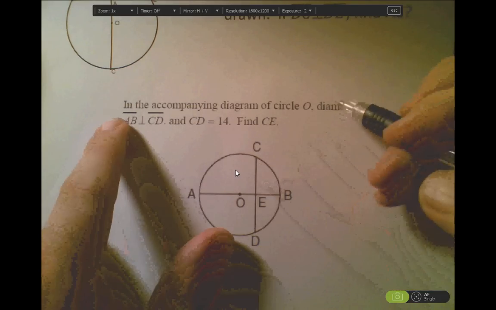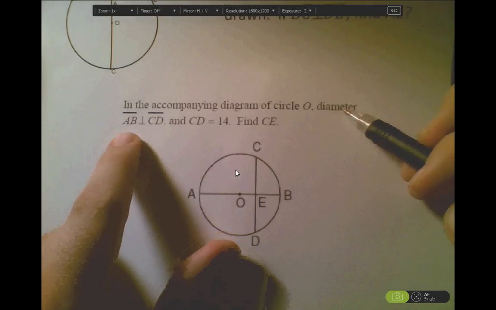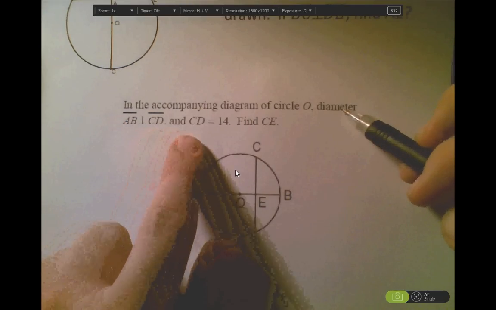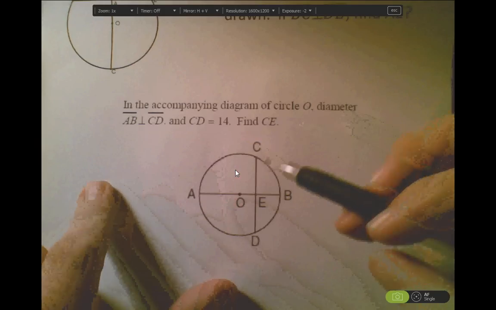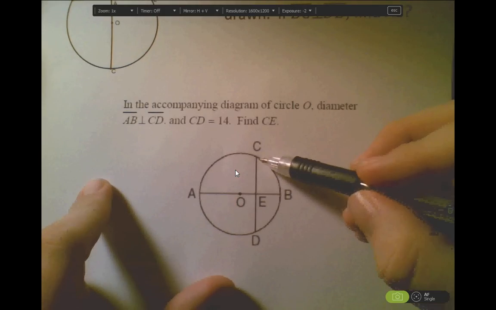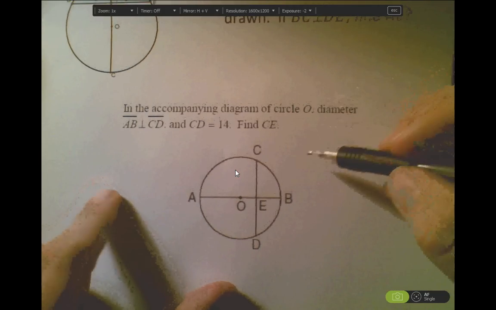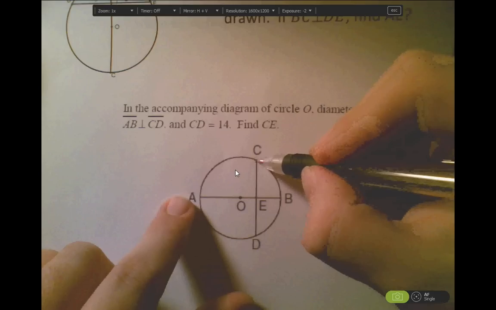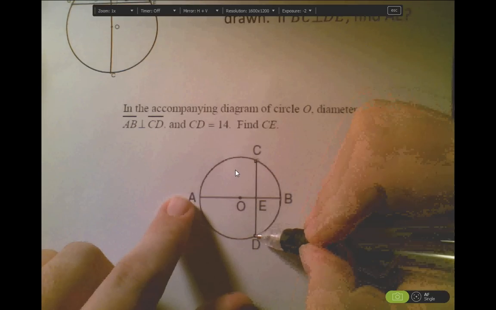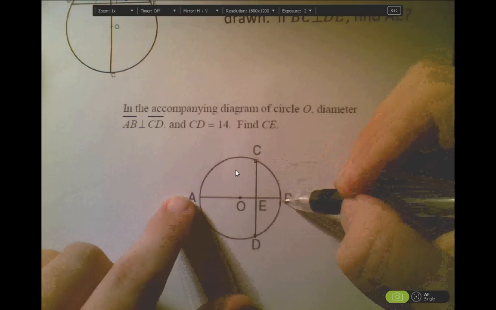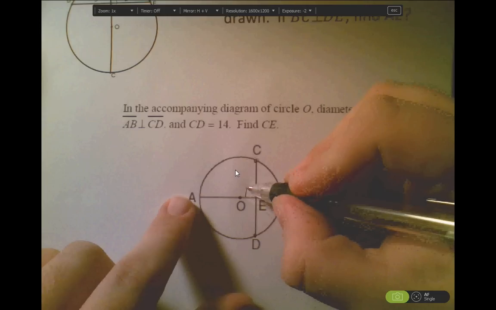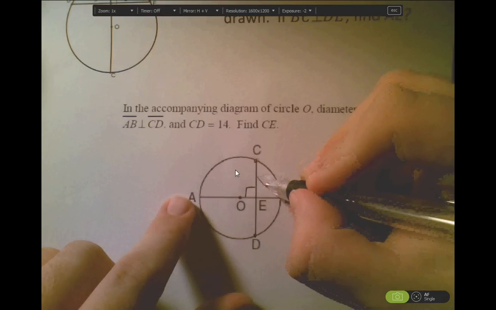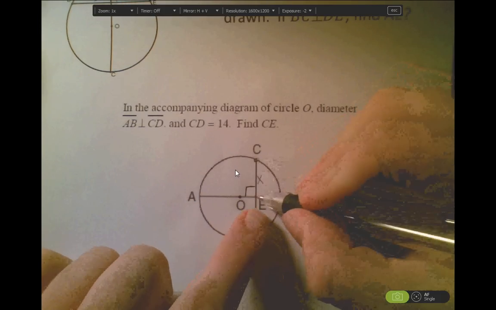In the accompanying diagram of circle O, diameter AB is perpendicular to CD, and CD is equal to 14. I want to know what the length of CE is. Now, the key thing is that I know the whole thing from here to here is 14. Now, if I know this is perpendicular, we put a little symbol there, and we're looking for CE, and I'm going to put an X there to represent that's what we're looking for.